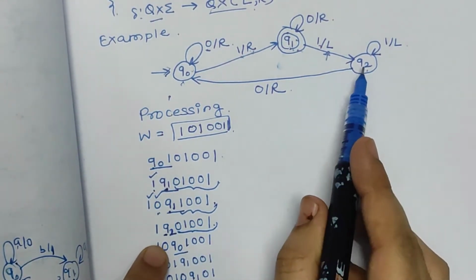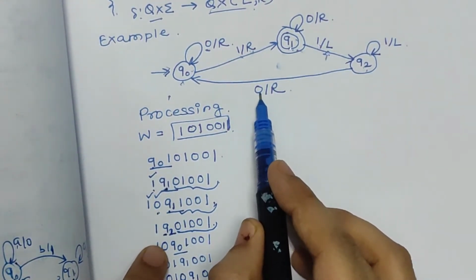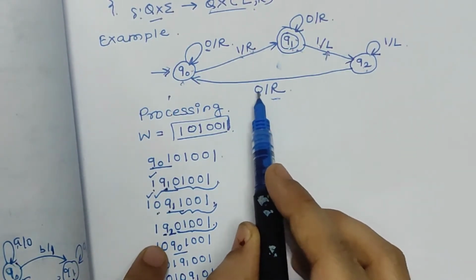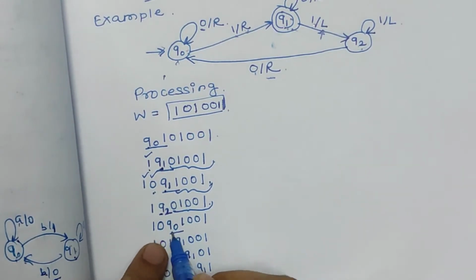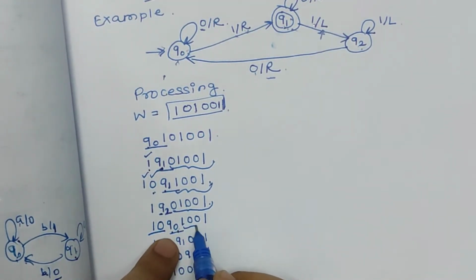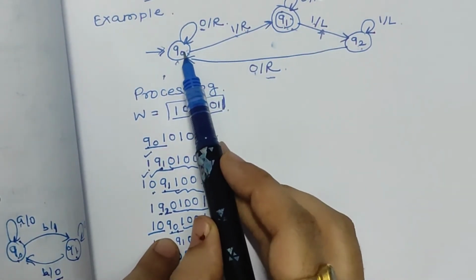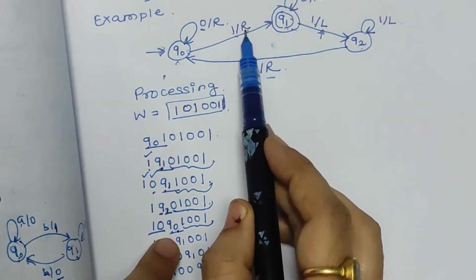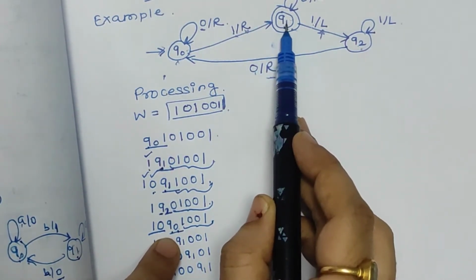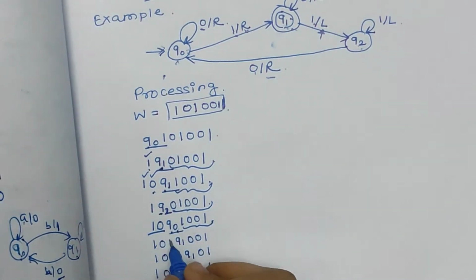Now in Q2, if we give 0 as input, the tape head will move towards right and we will be in state Q0. So again we are in state Q0 and 10 is processed, and 1001 is to be processed now. In Q0, if we give 1 as input, we move to the right and we will be in state Q1. Now 101, these three symbols, are processed.